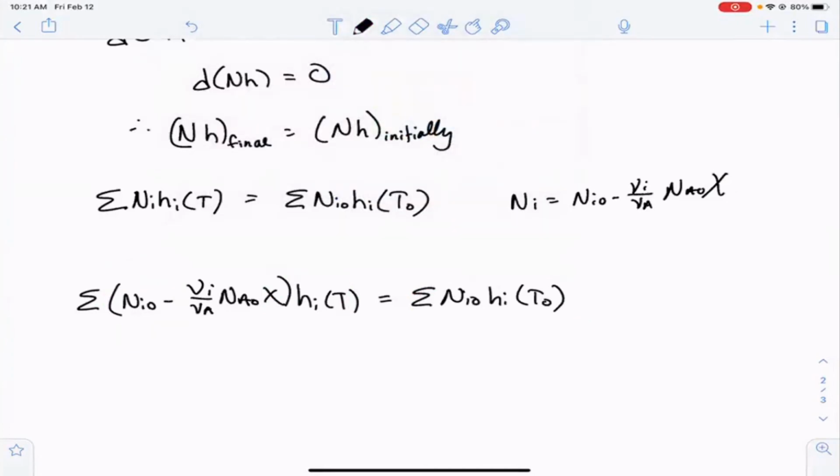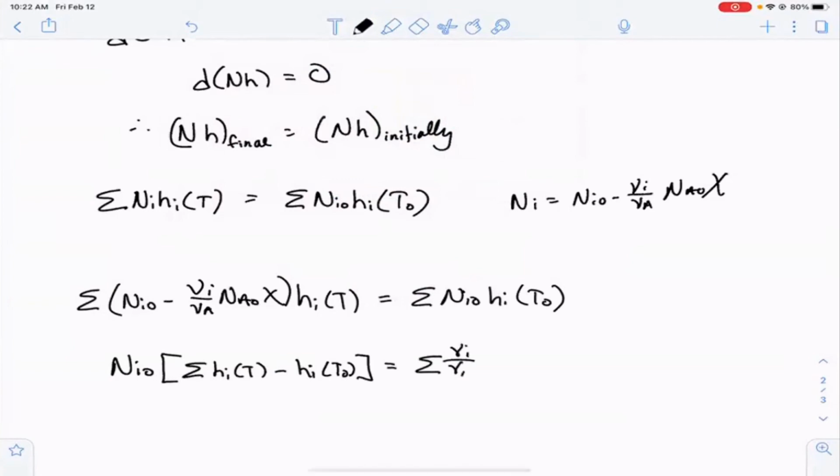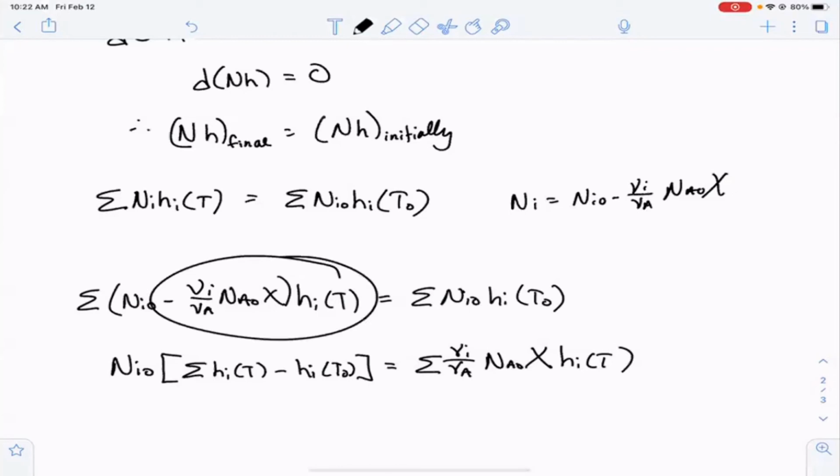And doing that results in Ni0 times the sum of Hi minus Hi at T0, and that equals the sum of the ratio of the stoichiometric coefficients times Na0 times the conversion times Hi at the final temperature, right? And all I did was combine the two terms I circled, and then I moved that to the other side of the equation, okay?